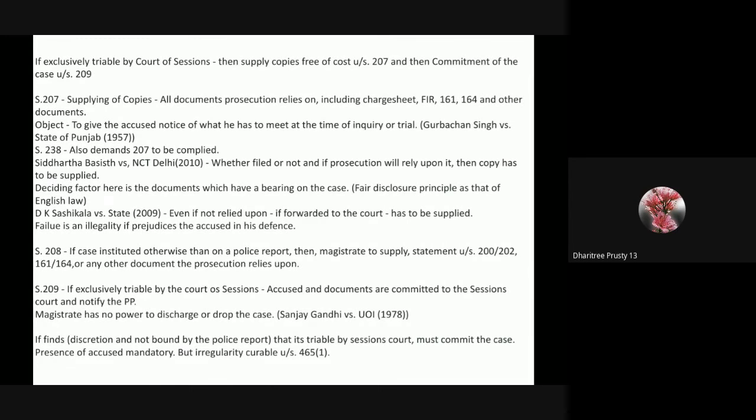The object is, as I said, to give the accused notice of what he has to meet at the time of inquiry or trial. It was held in Gurbachan Singh versus State of Punjab. Also, in the provision in 238, in a warrant case, it is a mandatory provision that the supply of copies under section 207 has been complied with, in Siddharth versus State of Delhi.